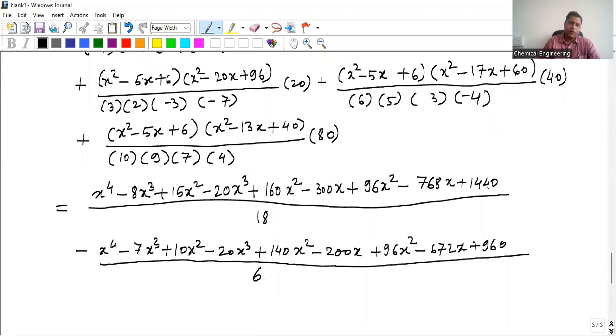Now we have to think of this term. So this minus minus is going to be plus. So we can have this plus. And you'll be having here x raised to 4.